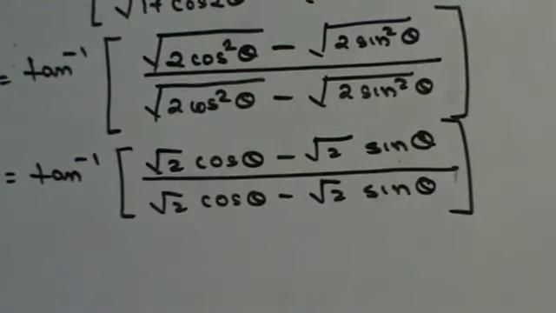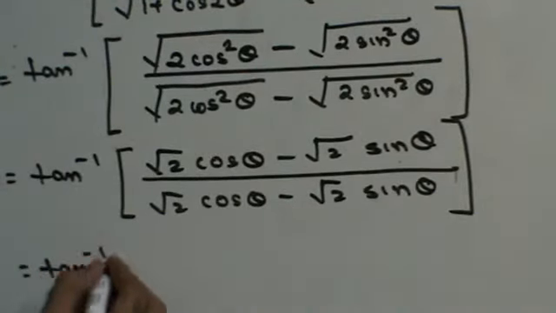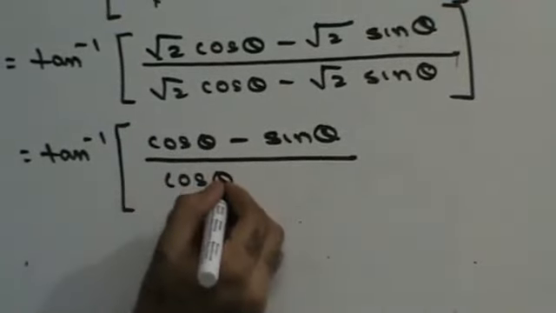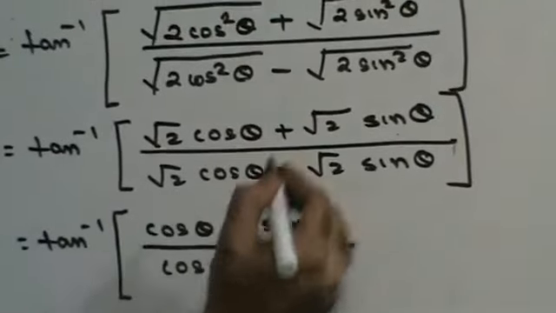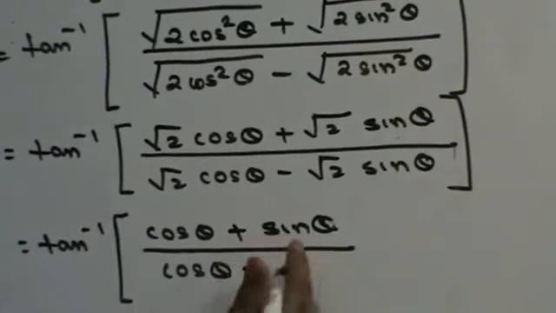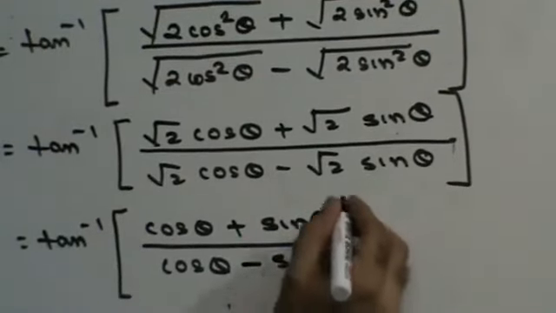I could take root 2 common in the numerator and denominator, in which case I will get this answer as tan inverse of cos theta plus sin theta upon cos theta minus sin theta.